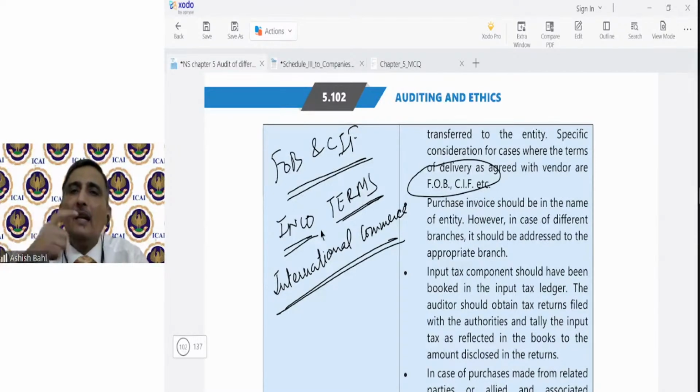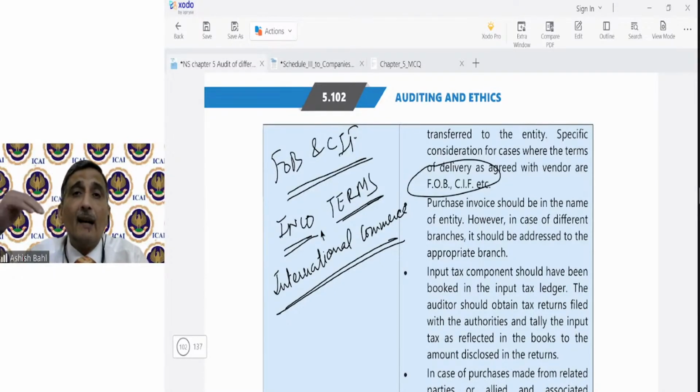So FOB denotes that the person who is dispatching the goods is responsible till the moment the goods are dispatched. He transfers the risk to the buyer the moment the goods are dispatched. But in case of CIF contract, it is inclusive of freight and insurance cost.